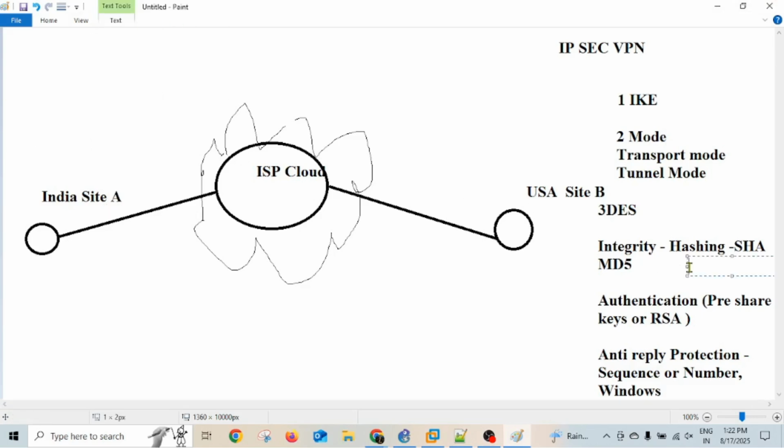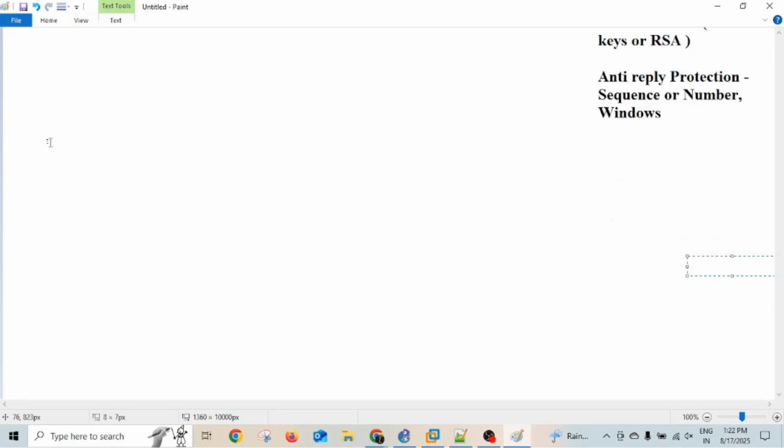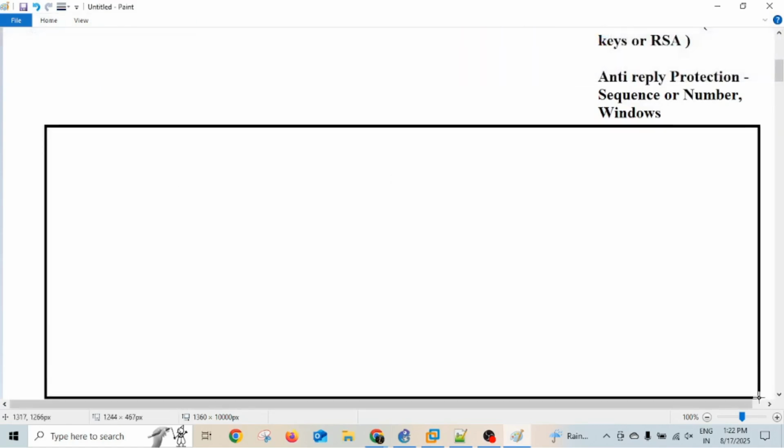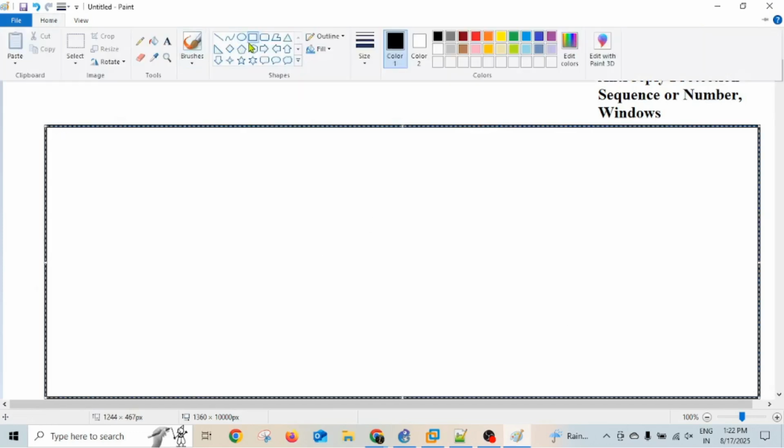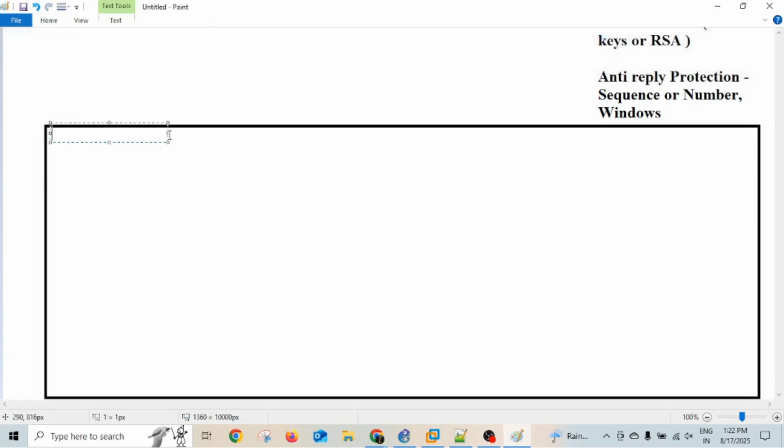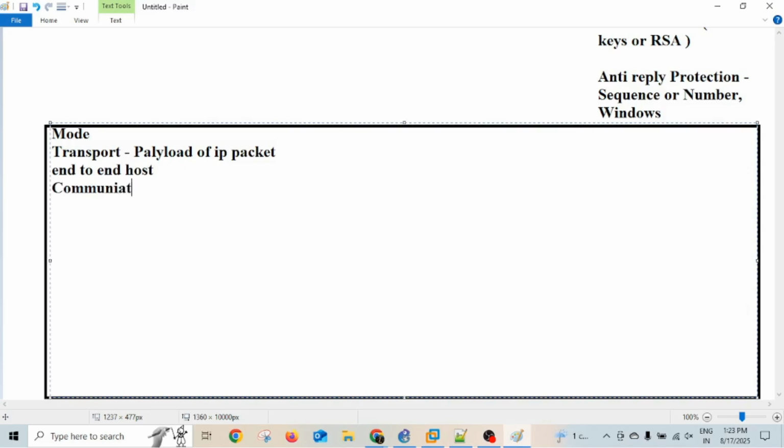Now the modes. Transport mode protects the payload of the IP packet, and it is used for end-to-end host communication.